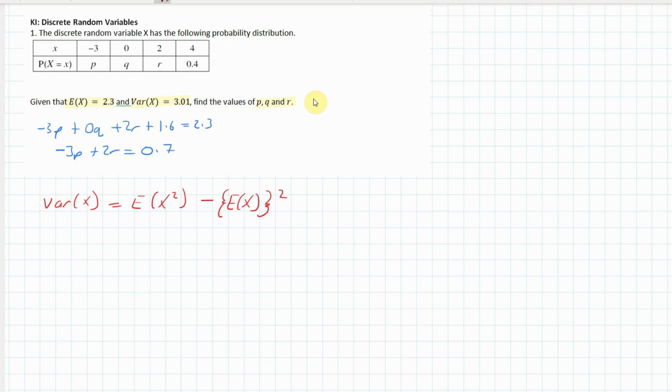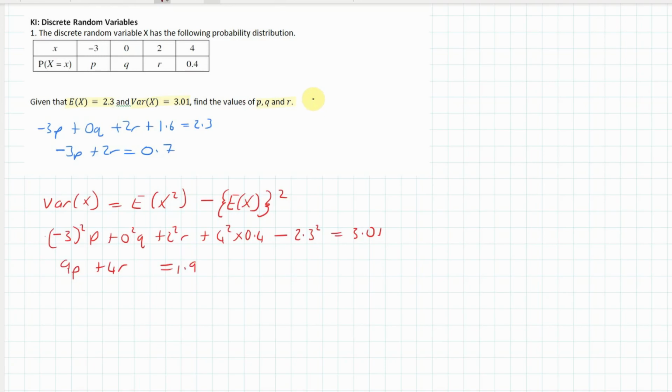So in other words, we can write -3 squared p plus 0 squared q plus 2 squared r plus 4 squared times 0.4 minus the expected value squared, which is 2.3 squared, equals 3.01. Now let's just get this all together. So we get 9p plus 4r, 16 times 0.4 minus 2.3 squared, and then we bring that over to the other side. We get 1.9.